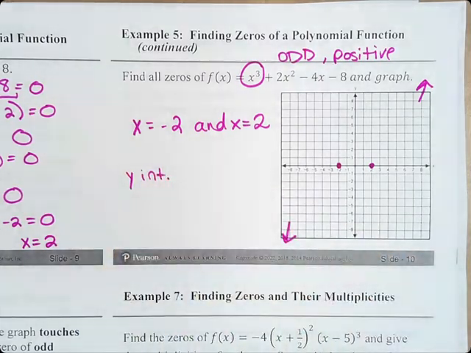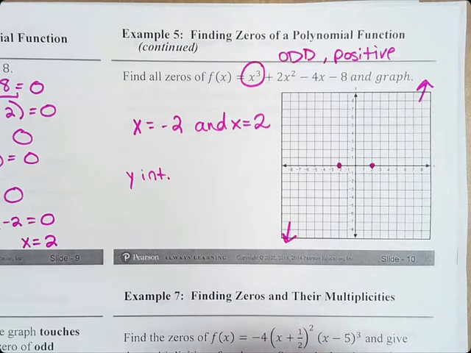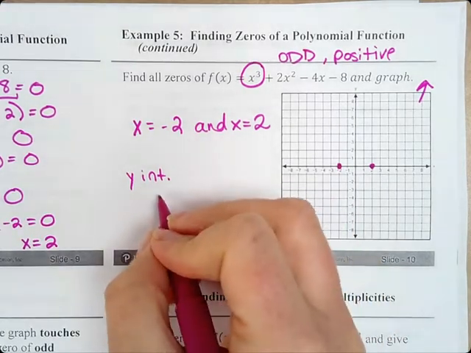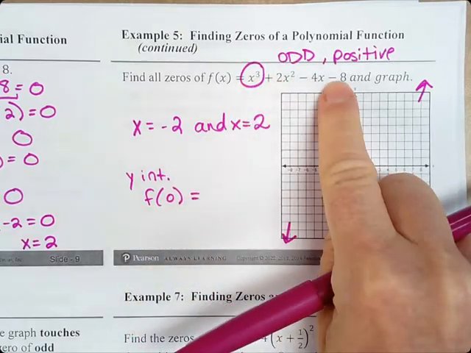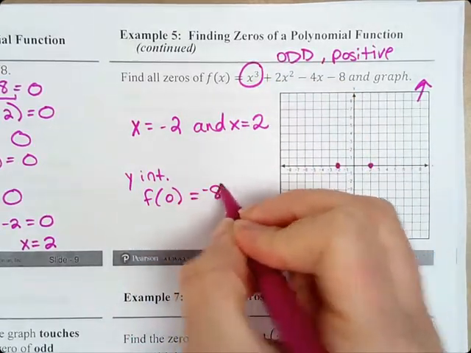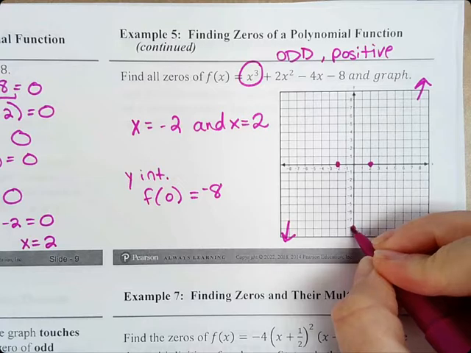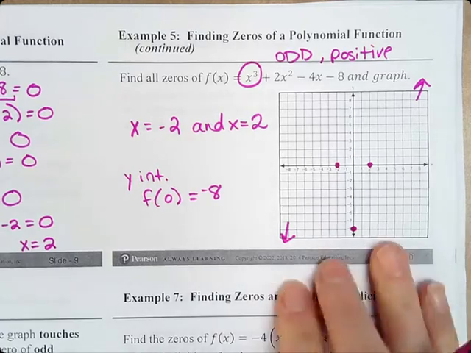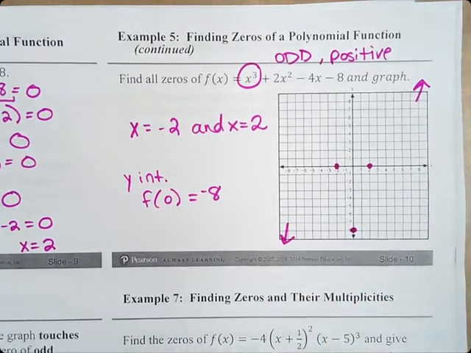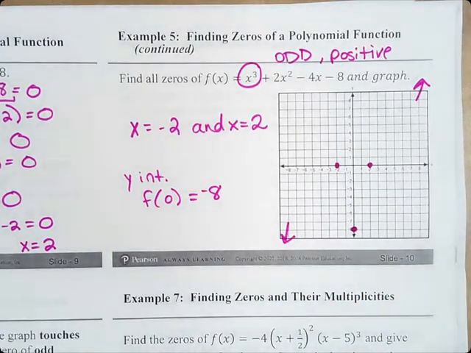How do you find that? Yeah, whenever x is 0. So f of 0 equals, I plug in 0 here and I come out with negative 8. Okay, so we're going to come back to this. We're just going to leave that there. We'll come back to it.